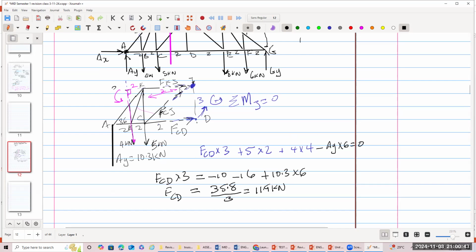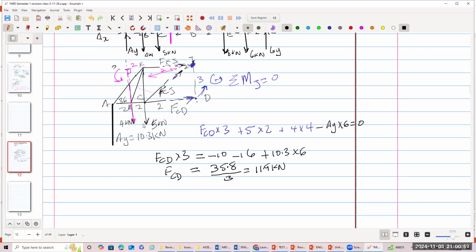What's the procedure you're going to do with the others? With the others, you could take moment at C. Then you could find FJ from that. If you take moment at C, then only 2 forces you would have in your problem, the 4 kilonewton AY and the same FKJ.